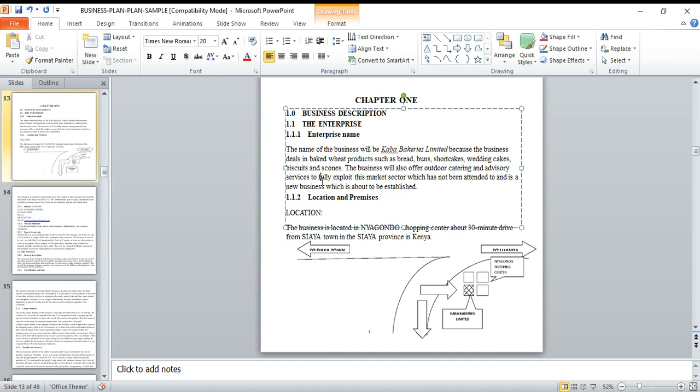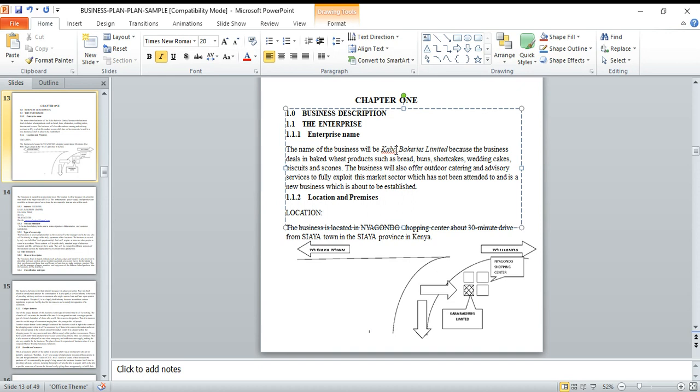The name of the business will be Kaba Bakeries, which goes along with what you have in our cover page. So you should always choose a name that is quite related either to the people around or to what you do.